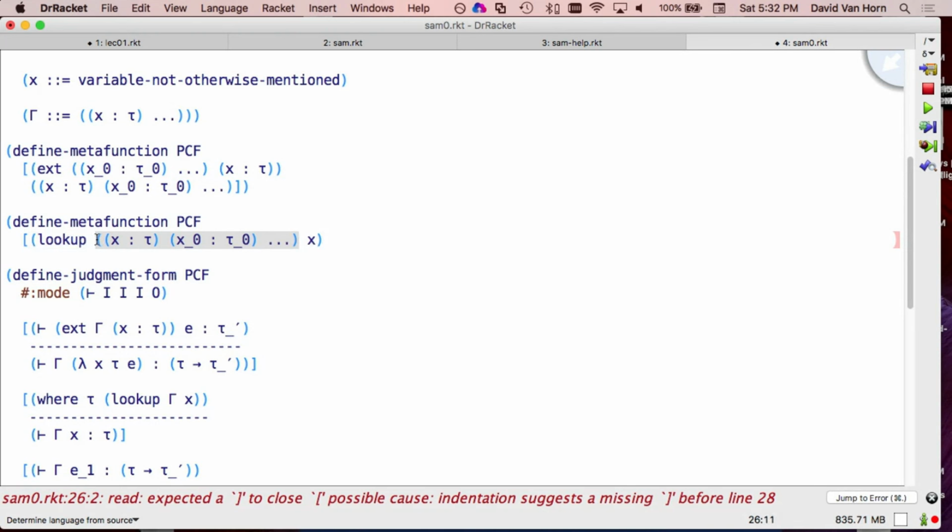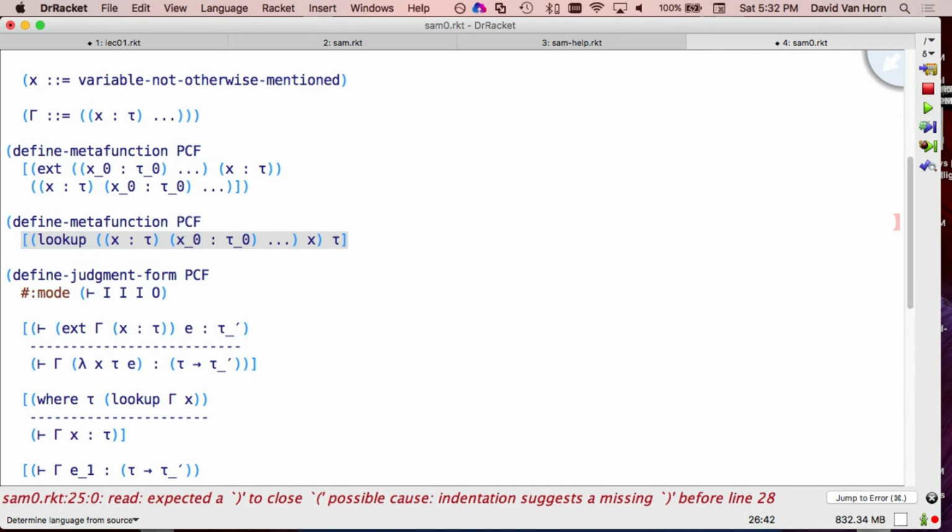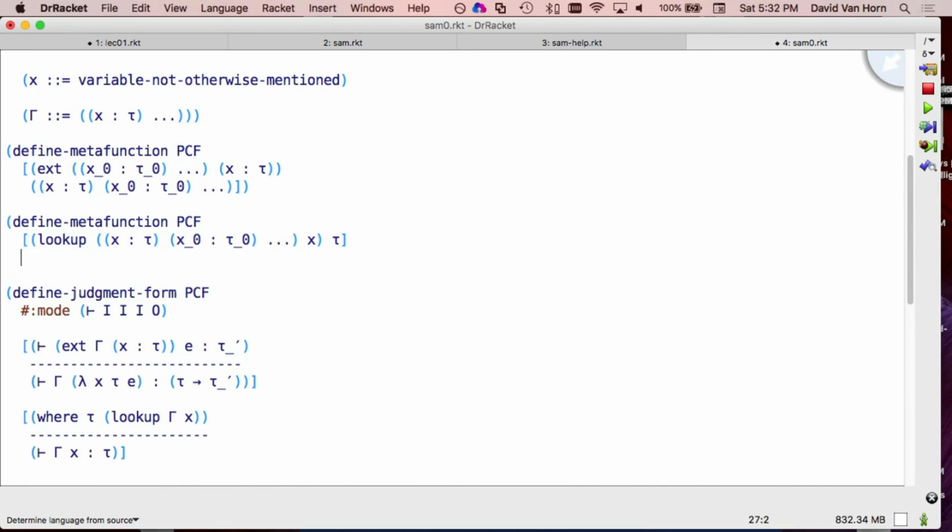If my type environment matches that pattern and the variable that I'm looking up is x, and notice I'm using the same x here, I've got two occurrences of the meta variable x. So what this is saying is, if I'm looking for x and it's the first thing that's in the type environment, then this pattern matches, and therefore I want tau back as the answer.